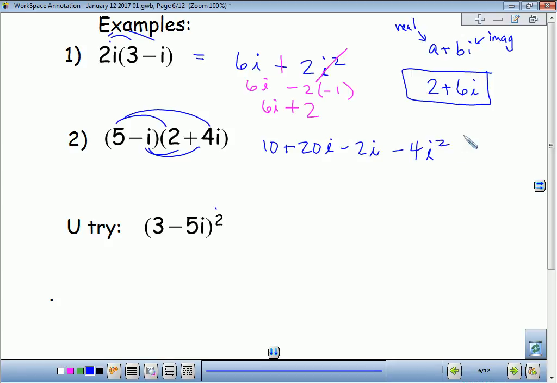But what is the value of i squared? -1. So it changes this -4 to a +4. Then we put the real parts together. 10 plus 4 is 14. We combine our imaginary parts, and we get plus 18i.